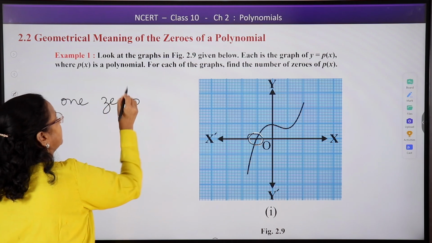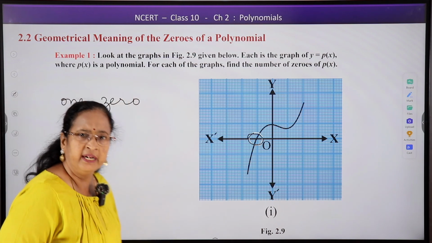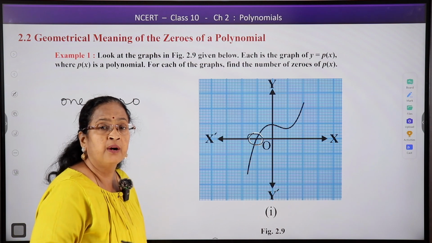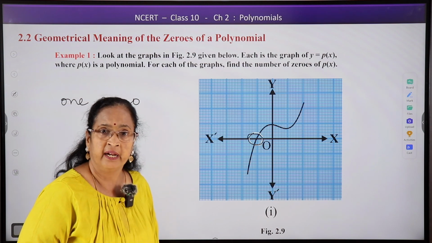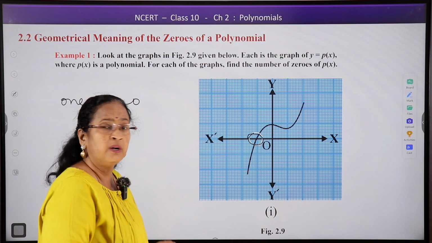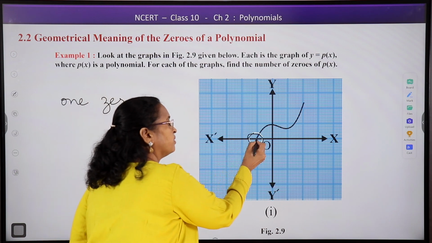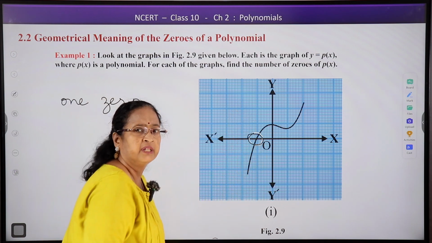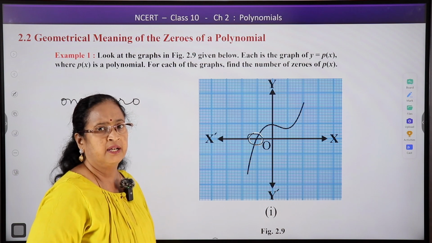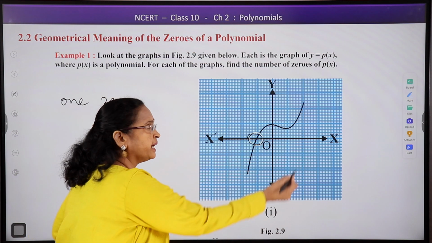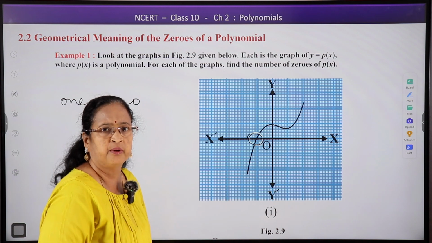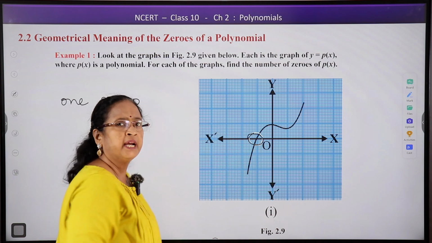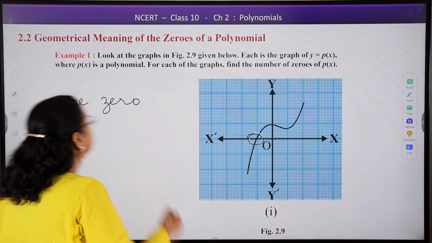This polynomial has only 1 zero. Why? Because the graph is touching the x-axis at only one point. These are all the geometrical meaning of zeros of the polynomial. Whenever the graph comes, it is always the geometrical meaning.